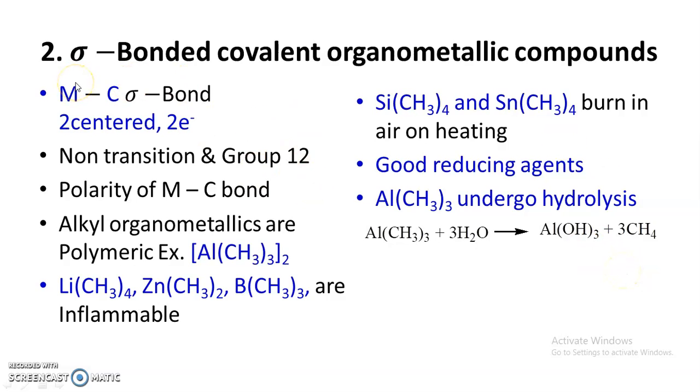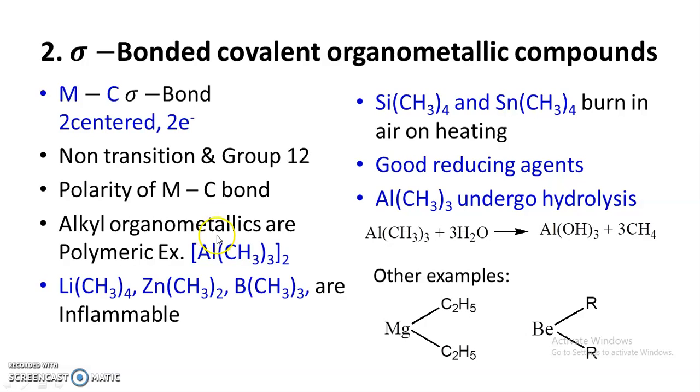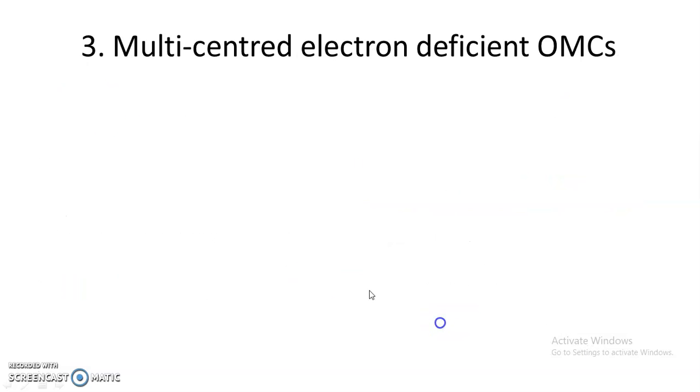So this is about sigma bonded covalent organometallic compounds and their characters. Other examples are diethyl magnesium and dialkyl beryllium. All these are sigma bonded covalent organometallic compounds.